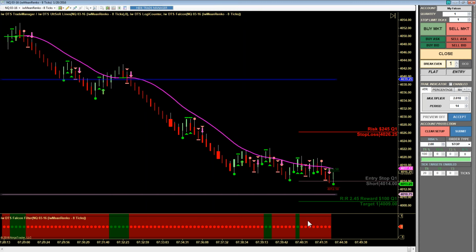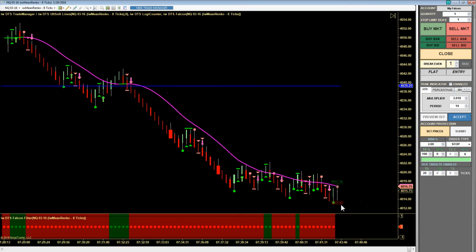Sammy's asking, what can we anticipate? Please repeat it. Just where the bottom of the bar is going to print, Sammy. With the logic counter, I can tell you that the bottom of the bar will be 40.13 half. So here we're printing warning dots to the upside. This is actually a reversal signal.